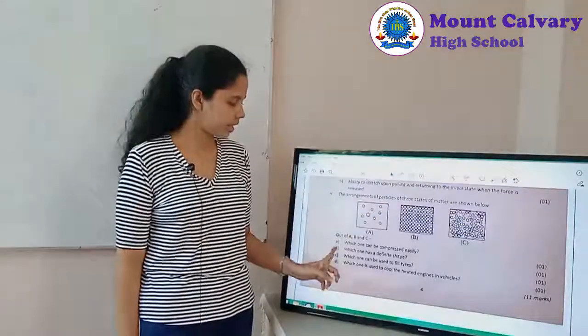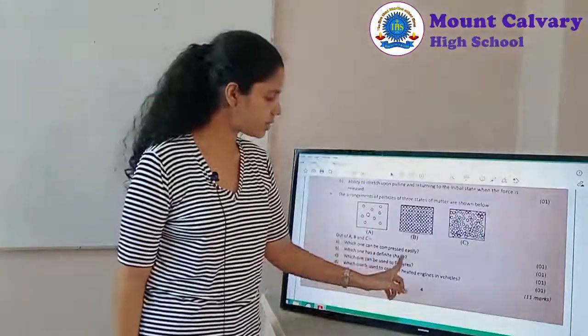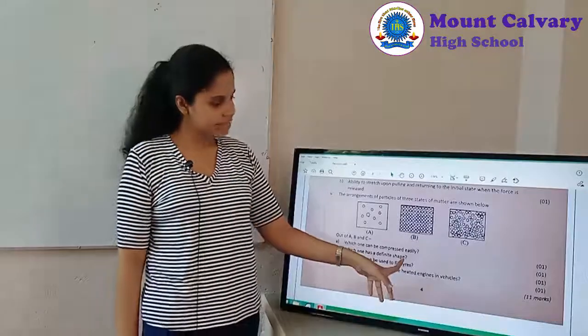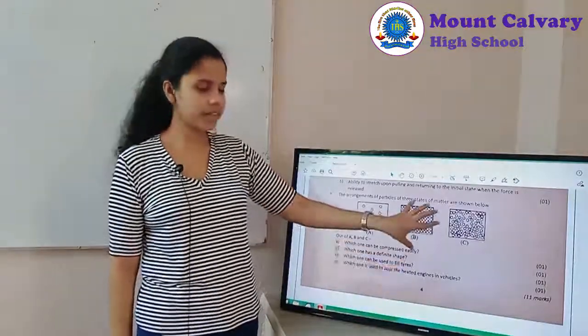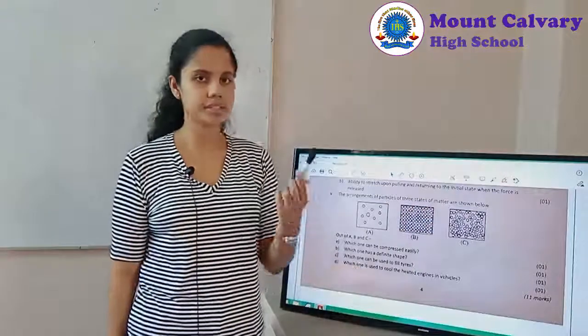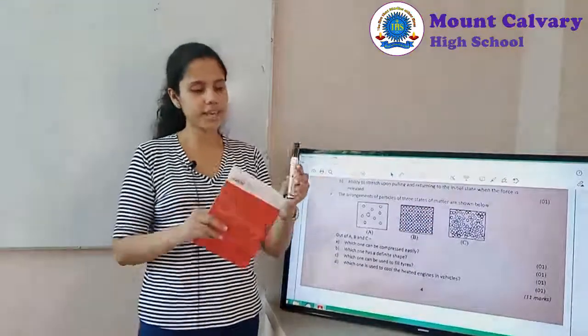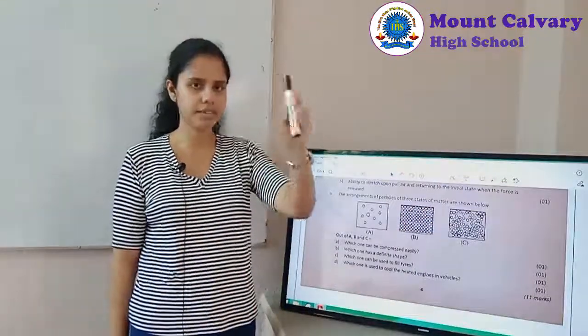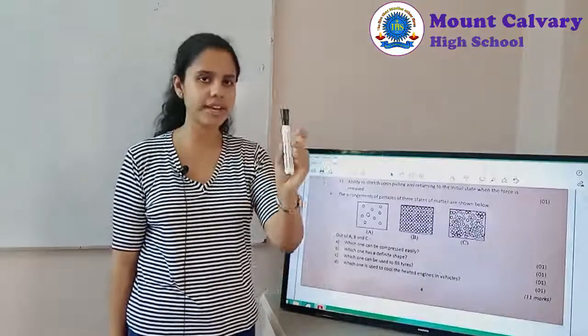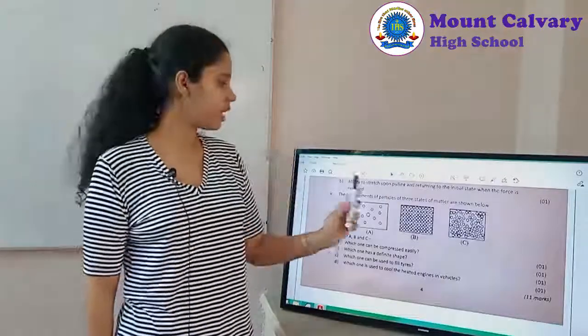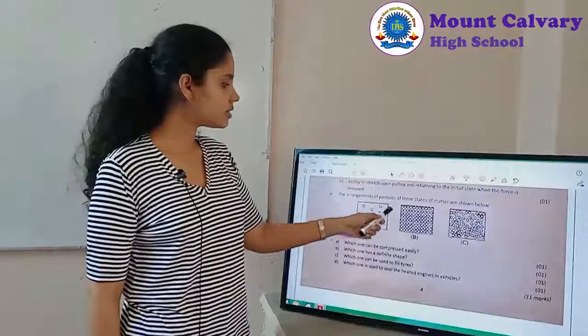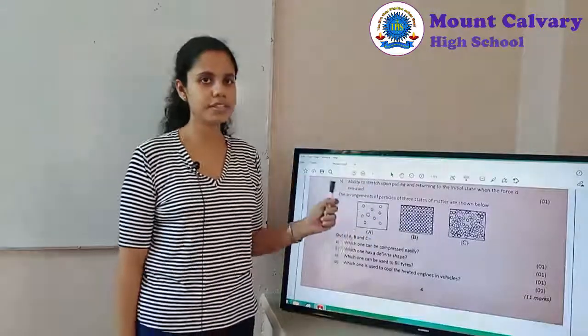Then B, which one has a definite shape? Only solid, right? Now if you take solid, it already has a definite shape. If you take this pen, it's a solid and it has a definite shape. Now if you take gas, it doesn't have a definite shape. Why?